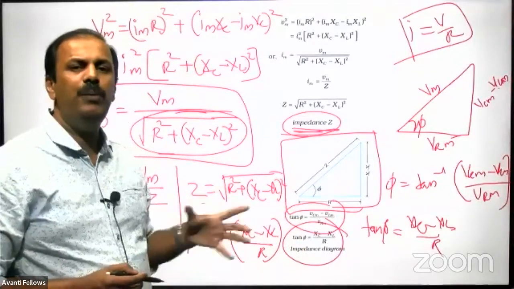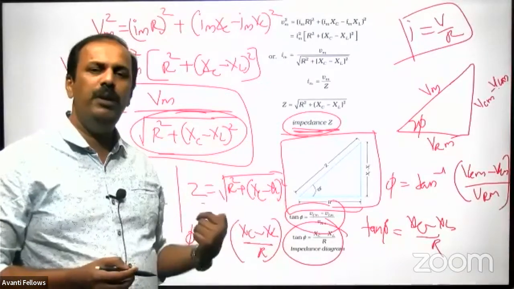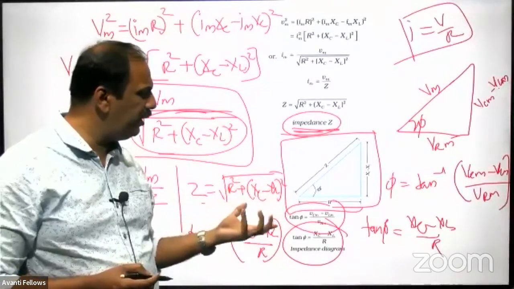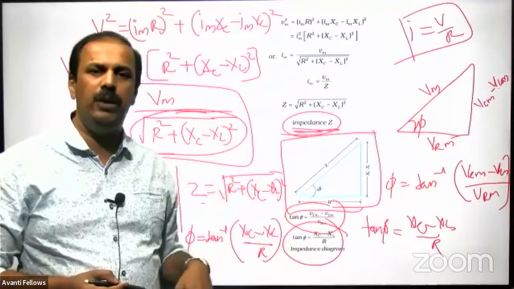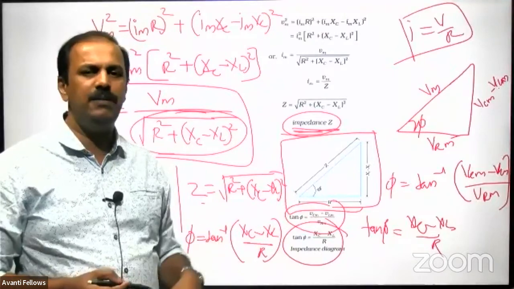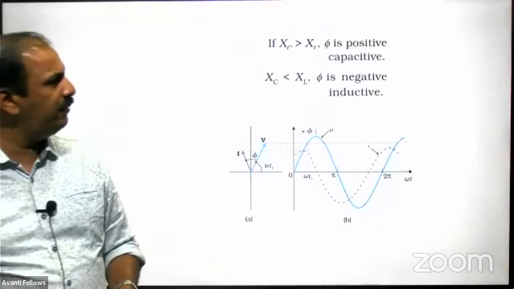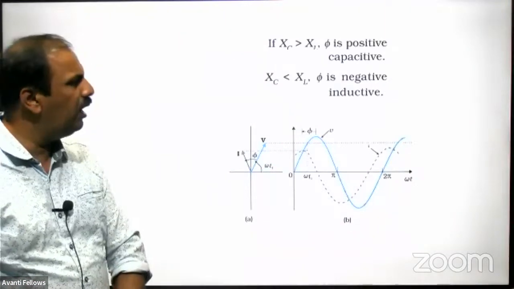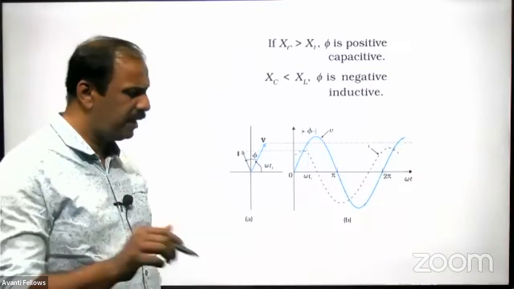So here one problem is there: whether the current will be leading or the voltage will be leading. That is not told here, just the phi value is there. This phi can be a positive value or a negative value. Based on that only we can say whether the current is leading or the voltage is leading. So you'll see how we can say which is leading, in which cases phi is positive and in which cases phi is negative.